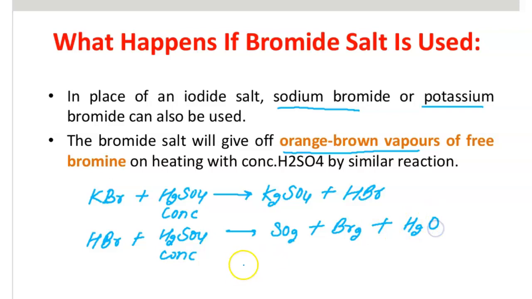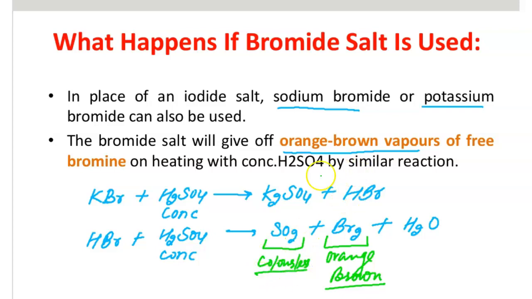So the reaction follows the same pattern with the only difference that this time bromine is produced instead of iodine, and this bromine is orange brown in color, and again SO2 will be colorless. So this orange brown color confirms the formation of bromine in the reaction.